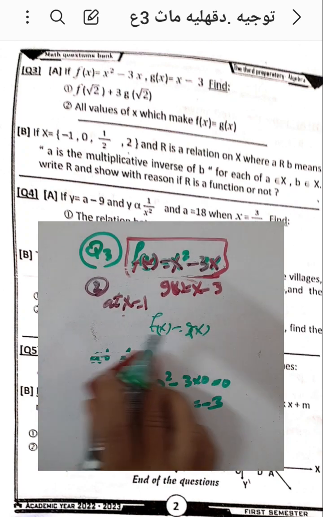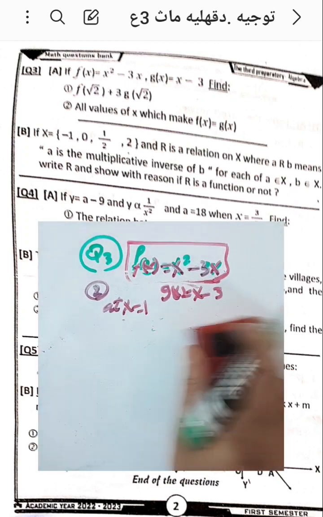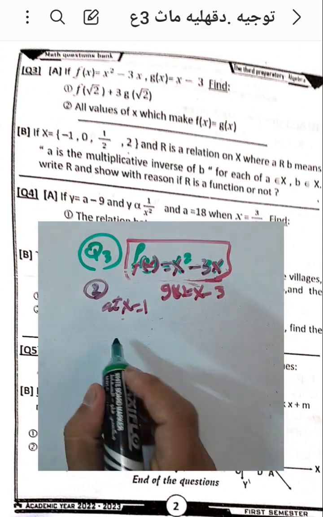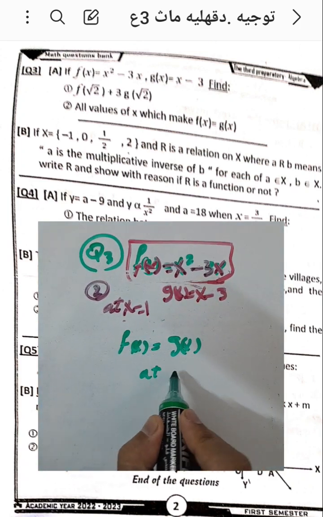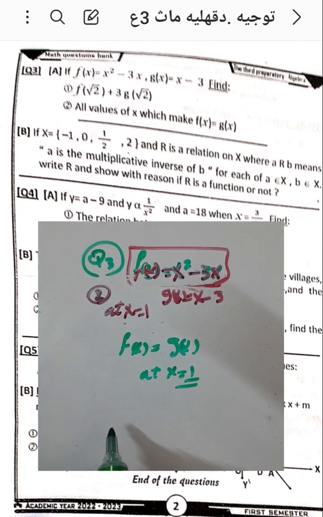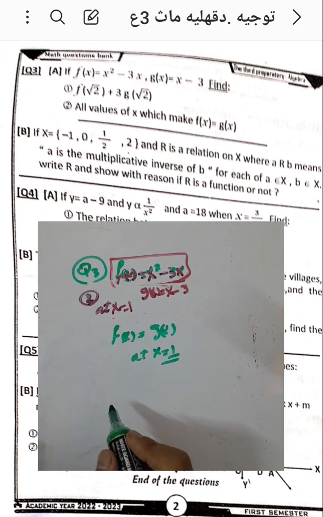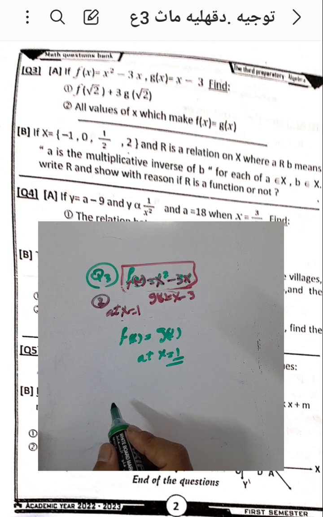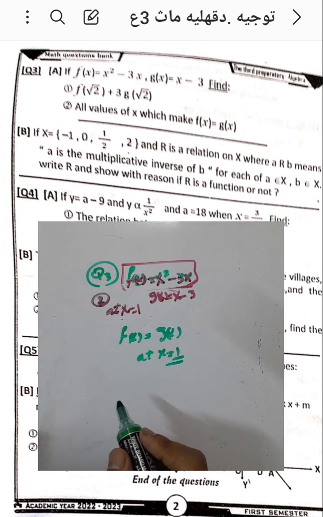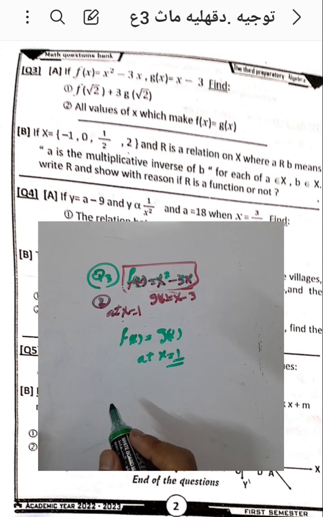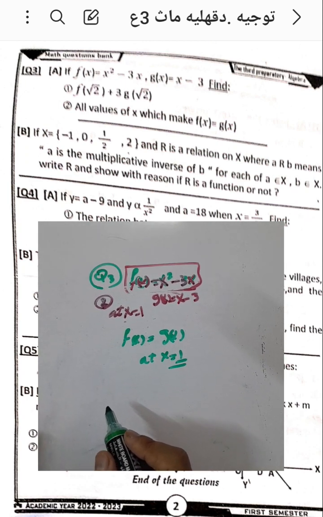Then f of x equals g of x at x equal what? 1. Understood? All values of x which make f of x equal g of x are at x equal 1. But if you put x equal 0, it will not be equivalent.